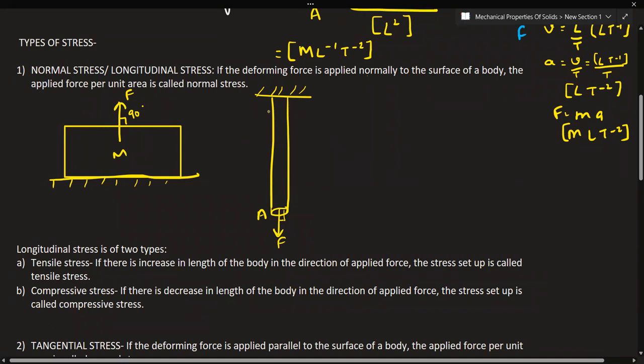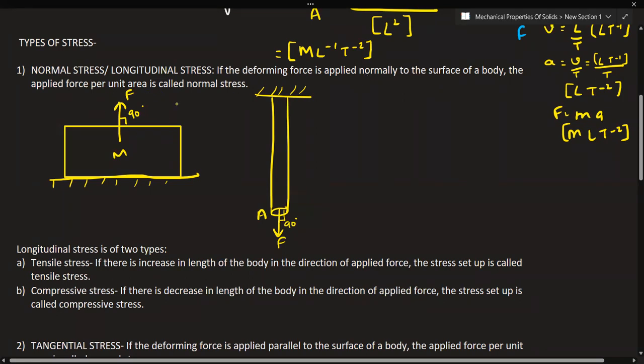Or you can have this example of the wire again. If the force is acting in downwards direction, then that force is making an angle of 90 degrees with the cross section area. If A is the area of this cross section, then the force per unit area would give me normal stress. And how does it differ from the other types of stress? By being parallel to the surface. Fine.